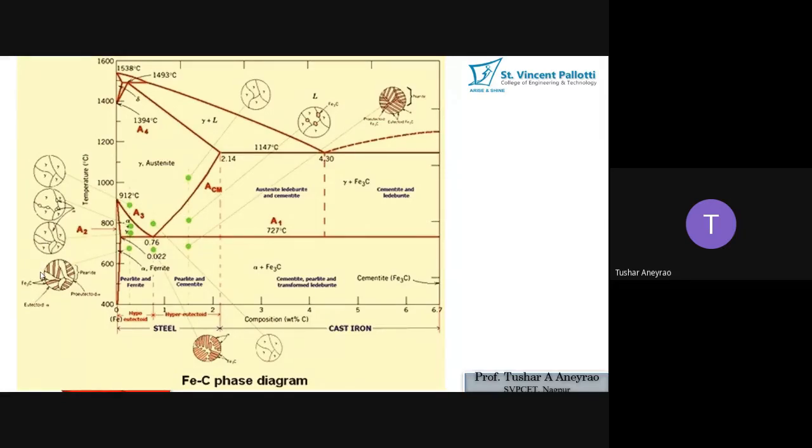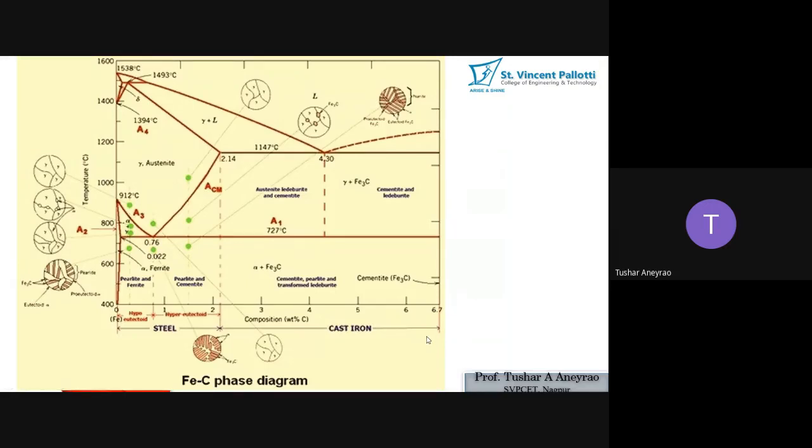Not chemically, not mechanically, is anything useful if we go on adding carbon beyond 6.7%. One of the reasons not to go beyond 6.7% carbon is that Fe3C, iron carbide, is a mixture of iron with carbon in the interstitial space. When we go beyond 6.7%, the mixture is already saturated with carbon.